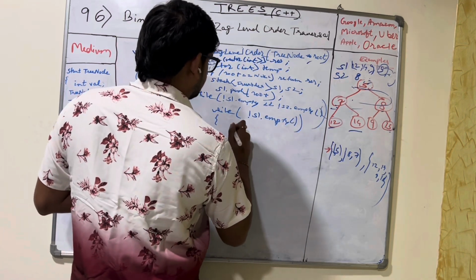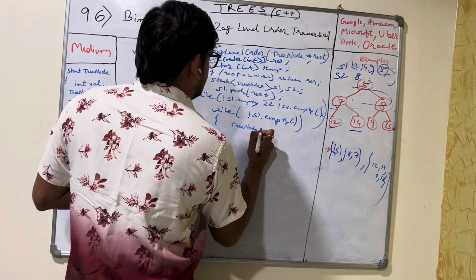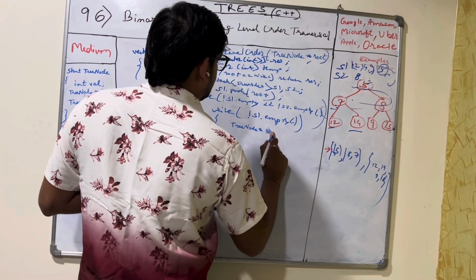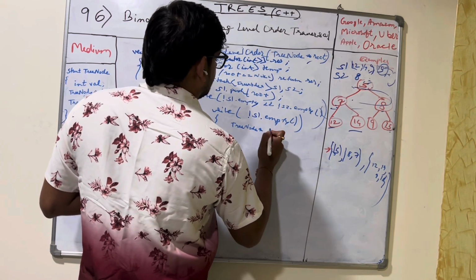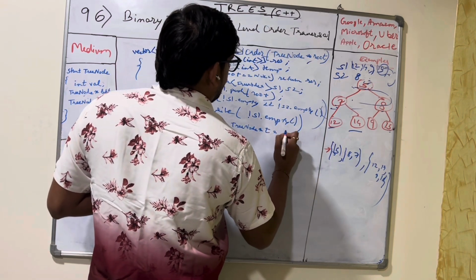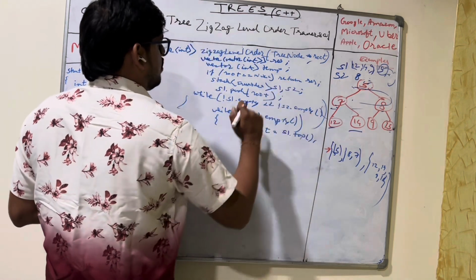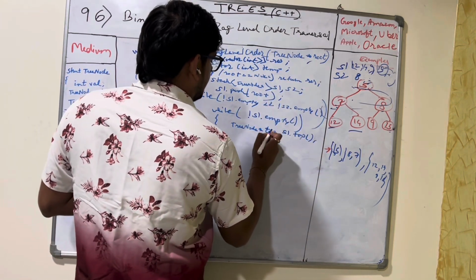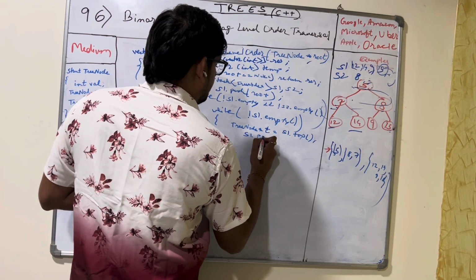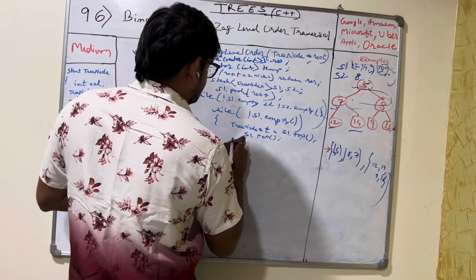We will have a tree node pointer temp, t, equal to S1 dot top. So this root would come out. Now we will pop, S1 dot pop, to remove this element.